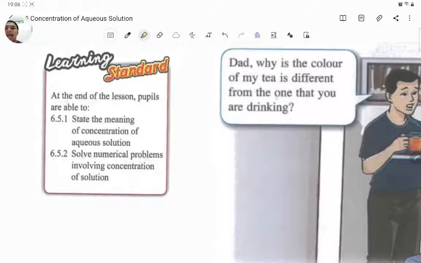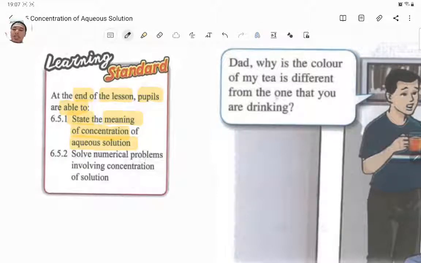So at the end of the lesson, pupils are able, okay, we have two learning standards here. We focus on 6.5.1 first, where you are able to state the meaning of concentration of aqueous solution.